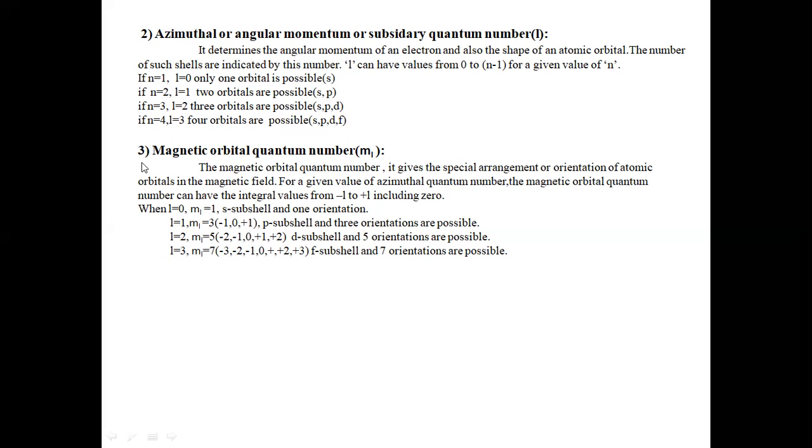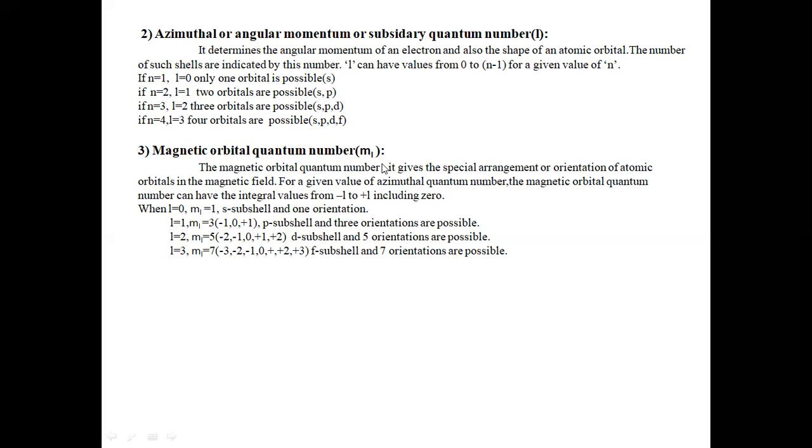And the next one is the magnetic orbital quantum number. It is represented by m subscript l, where m is a small letter and l is written as a subscript. The magnetic orbital quantum number gives the spatial arrangement or orientation of atomic orbitals in a magnetic field.